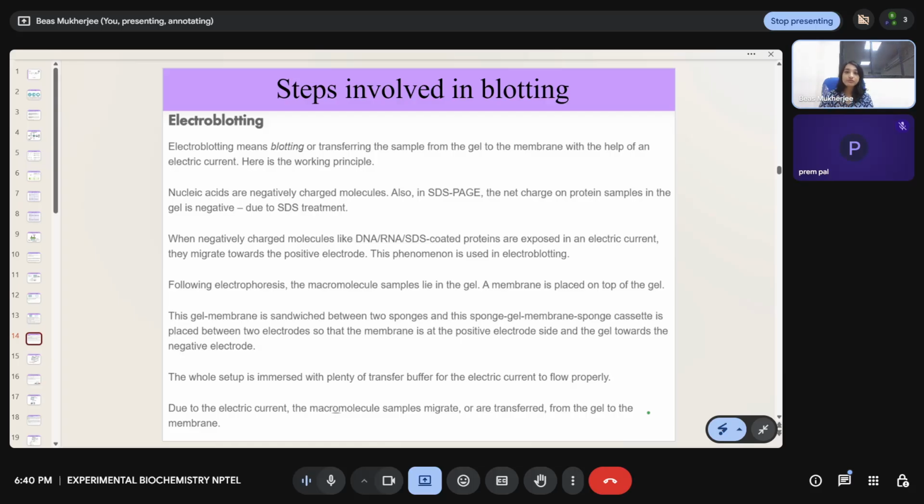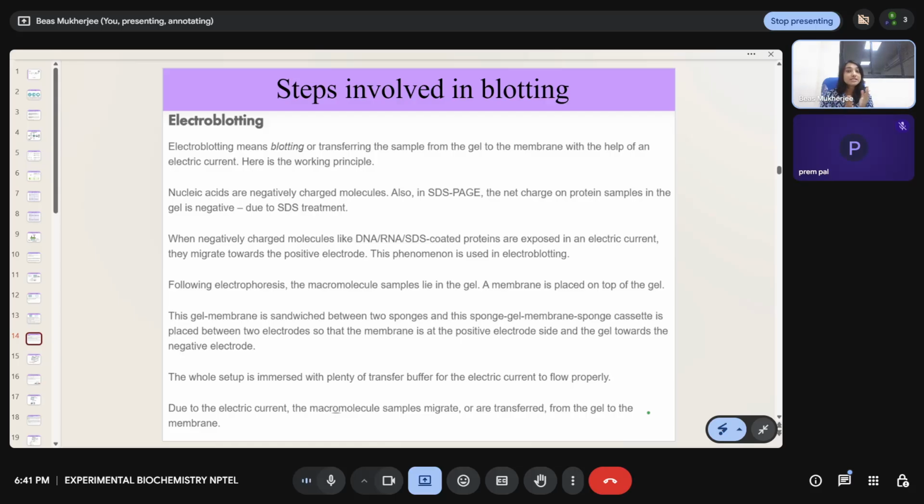Now, following electrophoresis, the macromolecule samples line the gel. Right. A membrane is placed on top of the gel. So this is your gel. Next, the membrane is placed, and before that there are a lot of filter papers, and after this also there are a lot of filter papers. All the filter papers and everything is soaked in a transfer buffer, and then this transfer is happening.